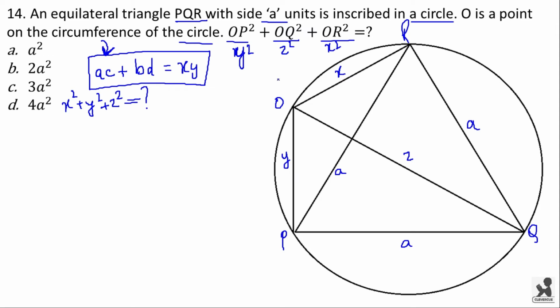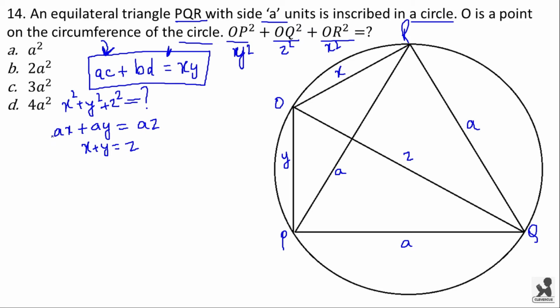Let us see. Here, according to this formula, we have a into x plus a into y is equal to a into z. That means x plus y is equal to z. You have to cancel all these a terms.